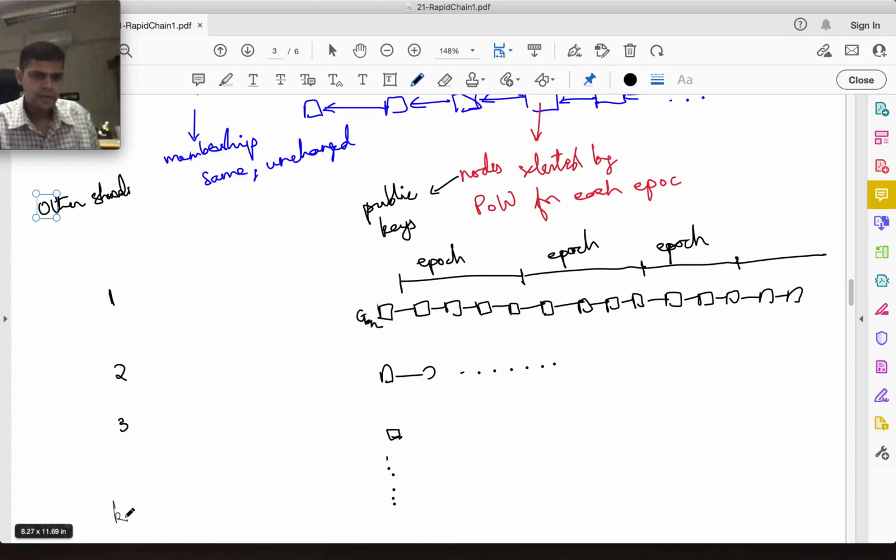So we'd have k of these. So k is equal to n divided by m, right? And we said that we're going to set m equal to 20 log n.